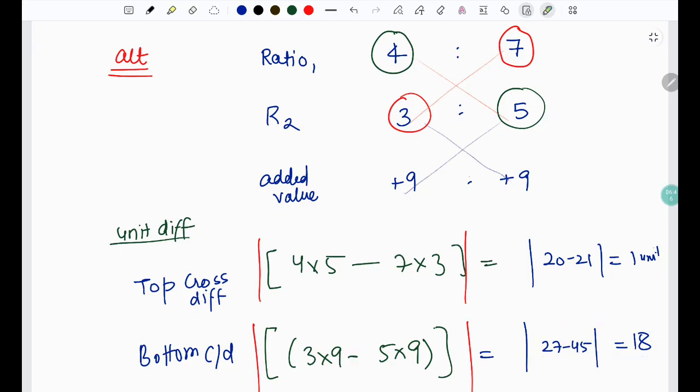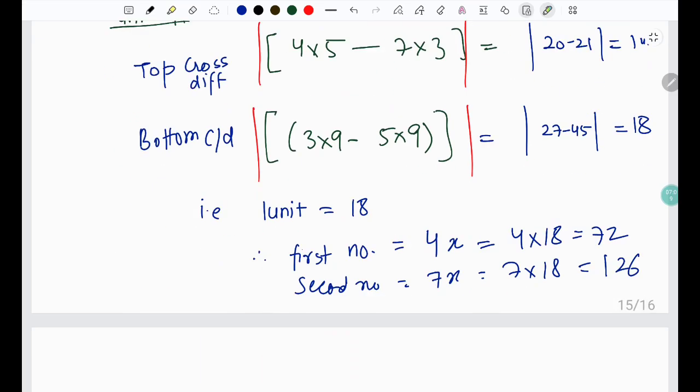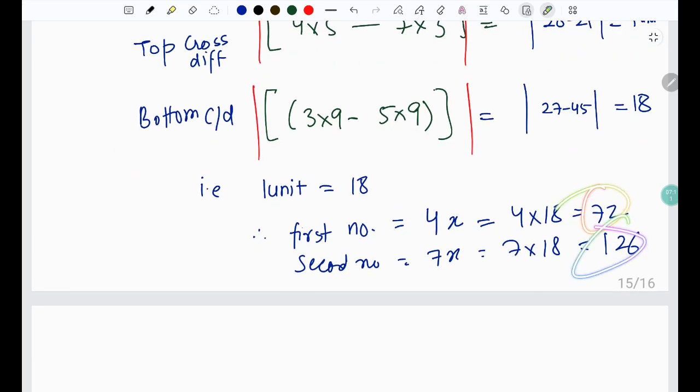This means that for the numbers 4x and 7x, where I can write x as 1 unit, the top cross difference and bottom cross difference have to be equated. So 1 unit becomes 18. Therefore 4 times 18 is 72, and 7 times 18 is 126. Hence the answer is 72 and 126.